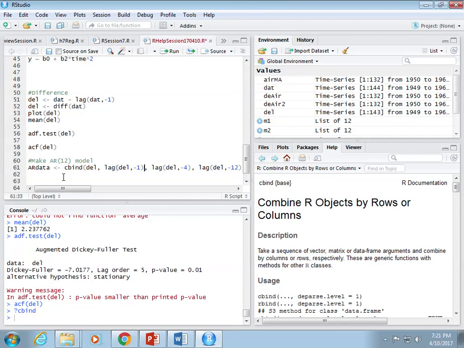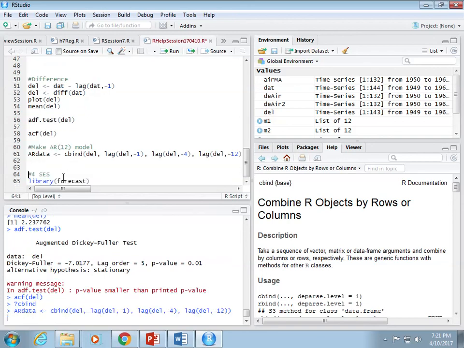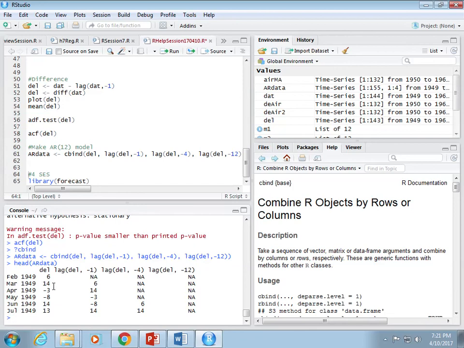So from 1 month beforehand, 4 months beforehand, and 12 months beforehand. That's what I'm grabbing. And I'll just display this, so you can see the lags go down by 4 months.